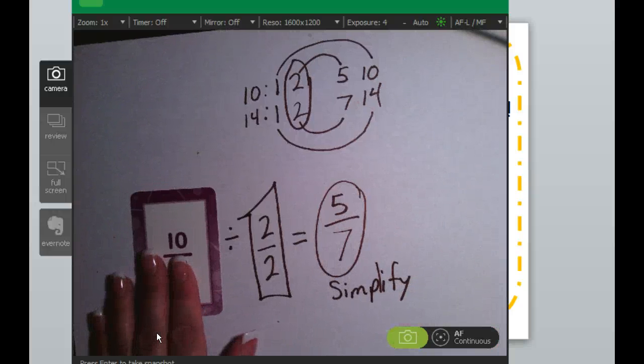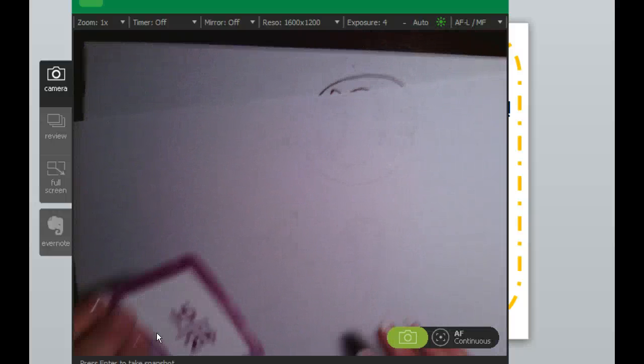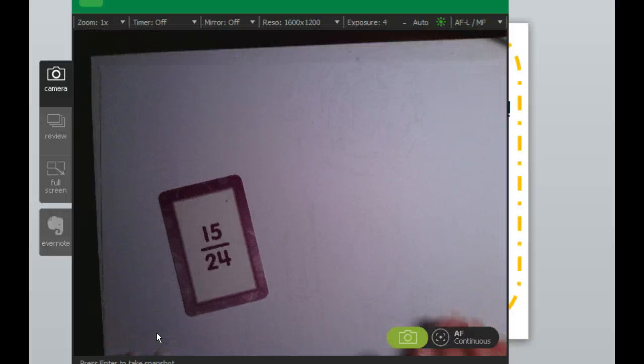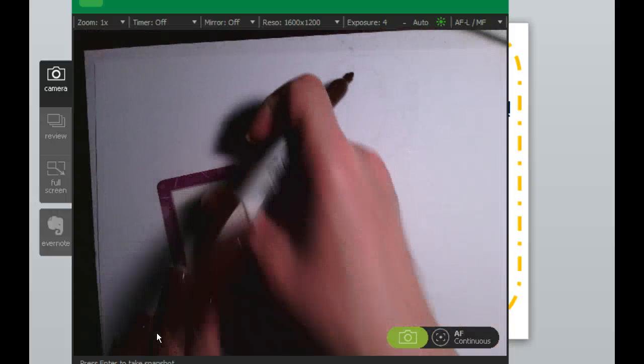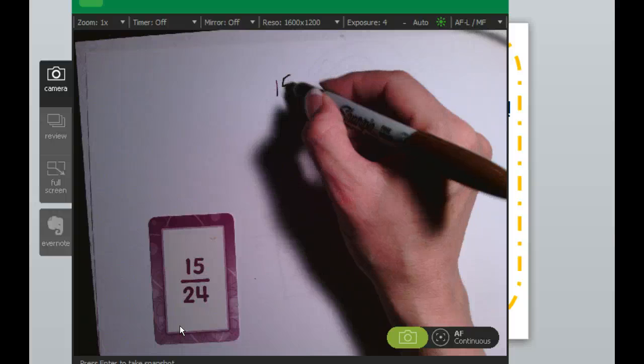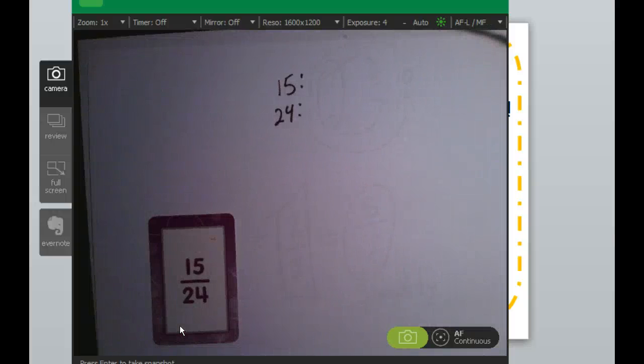So let's try another one. Let's try 15/24. Those are much bigger numbers. I definitely wouldn't want to multiply and divide by 15/24. So I want to think about, can I make it in a simpler form? So let's find the factors of 15 and 24.